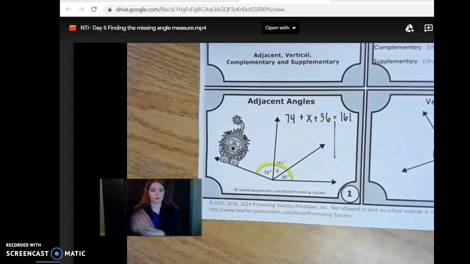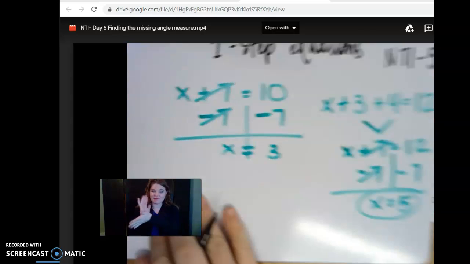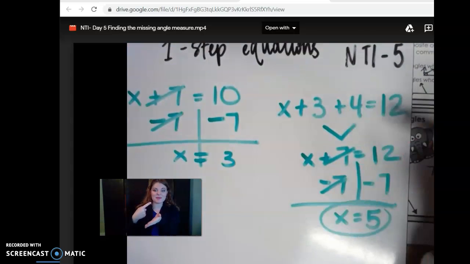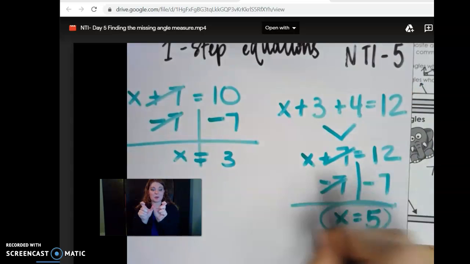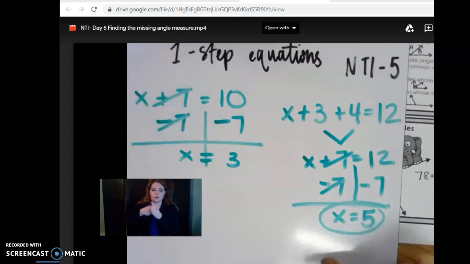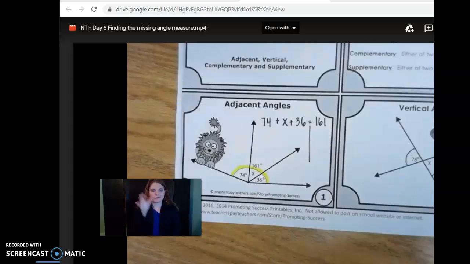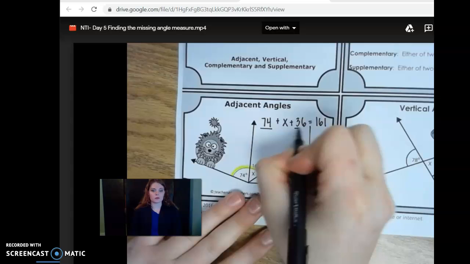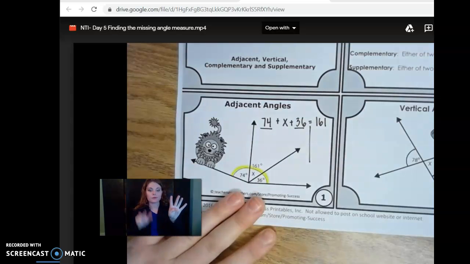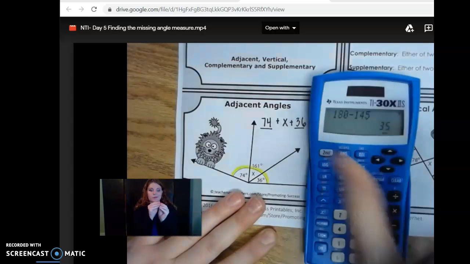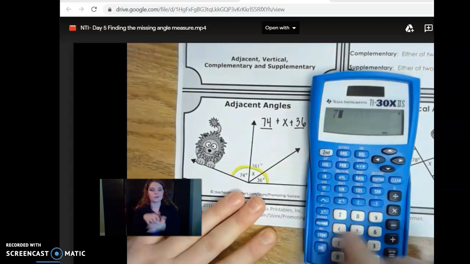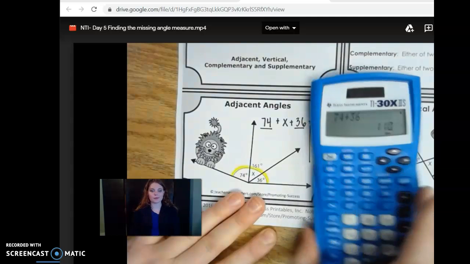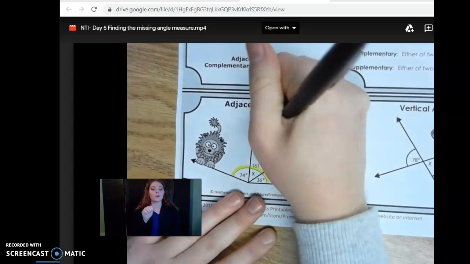I reminded you at the beginning of this video that we sometimes have to combine like terms before we solve our equation. We're going to have to do this here with our 2 angles. We need to combine 74 and 36, and we will add those together. 74 and 36 combined give us 110 degrees.